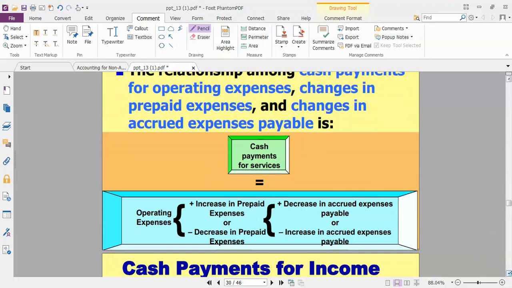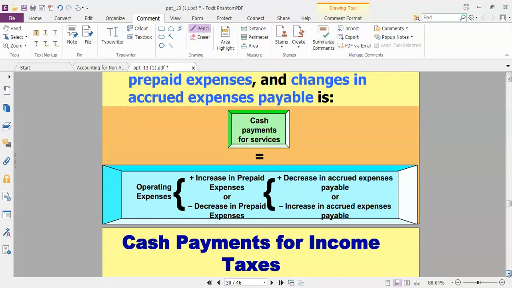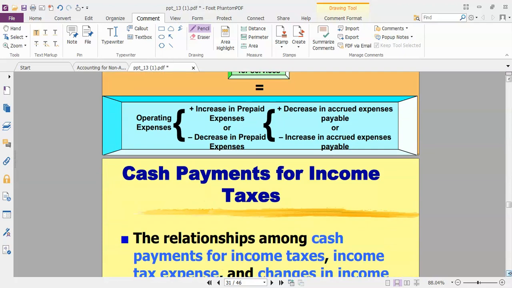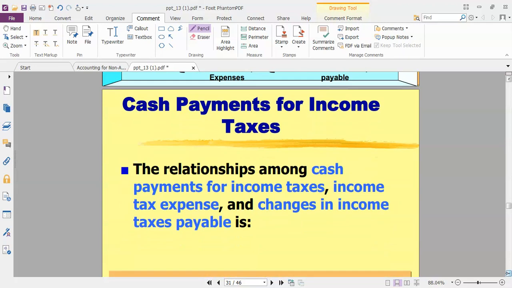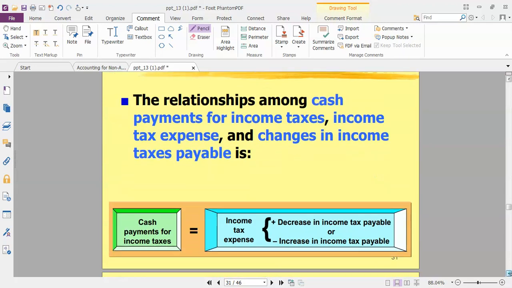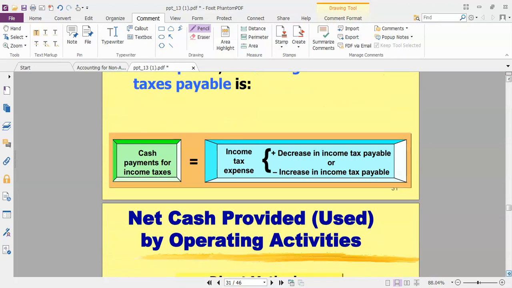So that is all the relationship between the two formulas, direct and also indirect. Okay, same goes to the cash payment for taxes.